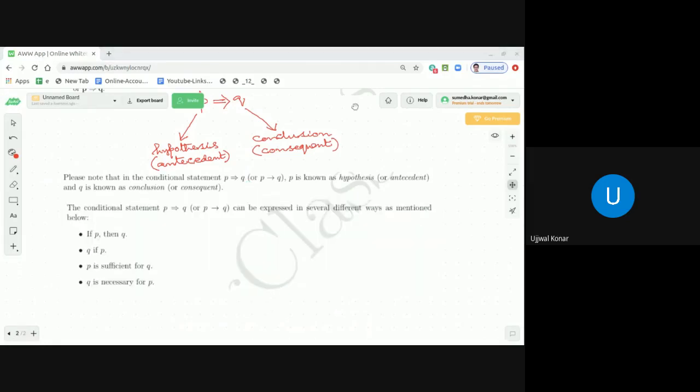So here the statement is, dear students, the conditional statement P implying Q or P arrow Q can be expressed in different ways.